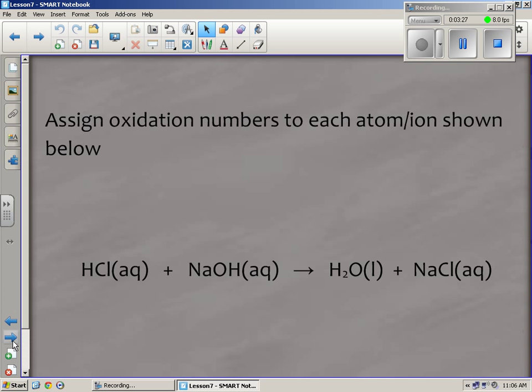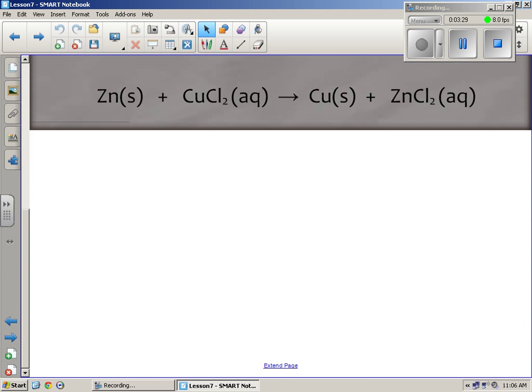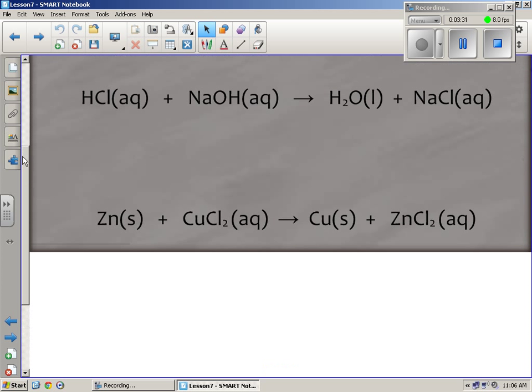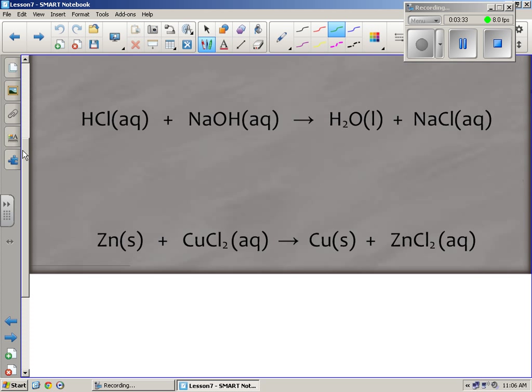Assign oxidation numbers to the atoms and ions below. So let's go ahead and do that. Once again, you want to look for hydrogens or oxygens first. Hydrogen is a 1+, so you write that above it like so. Obviously, HCl is a neutral compound because there's no charge on this compound. It's all combined together. So in this case, the chlorine would have a 1- associated with it.